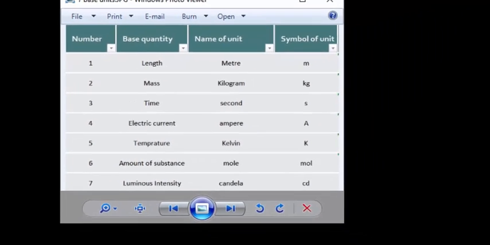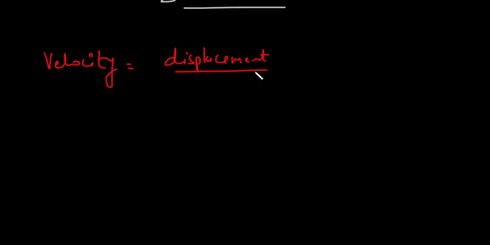You should memorize them. And every other quantity can be derived from these physical quantities, and so their units. Like if I say velocity, velocity is displacement, or distance in simple words, upon time. So the unit for displacement is meter and for time is second.